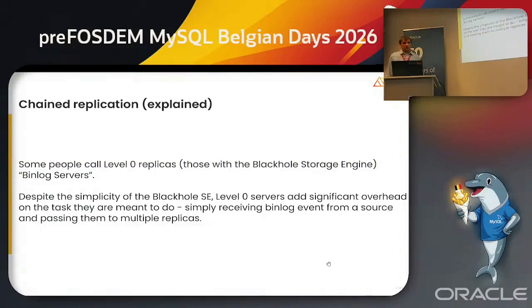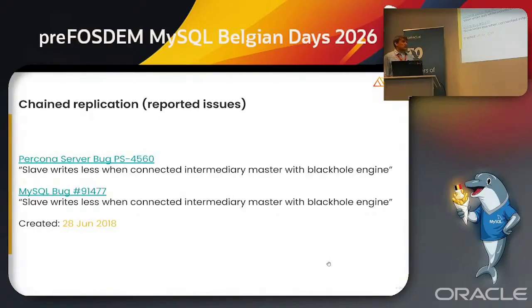So after passing through level 0, level 1 replicas will only be able to apply events single-threaded. There are a few pretty old bugs connected with this. One reported upstream, one from Percona, and it's 7.5 years old. Still no solution yet.